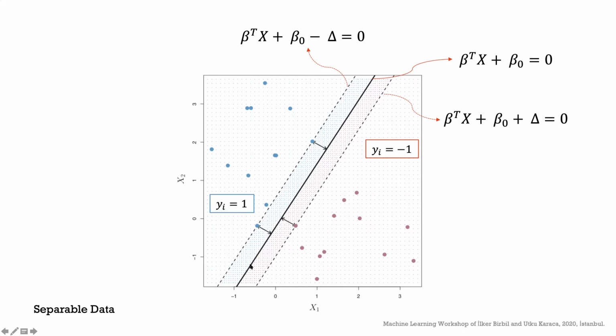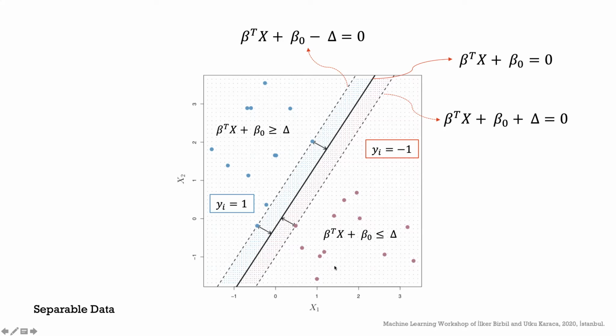I'm going to try to define this part. Let's say if my equation is greater than delta, I'm going to be in the blue area.